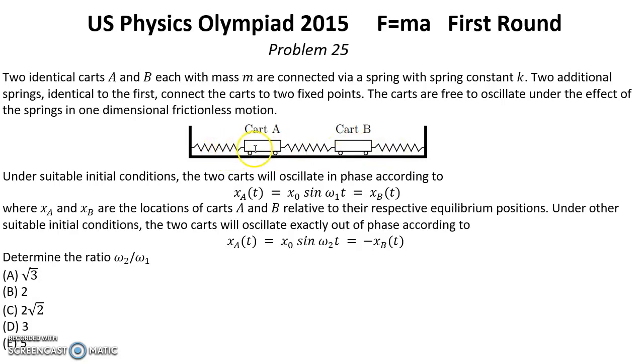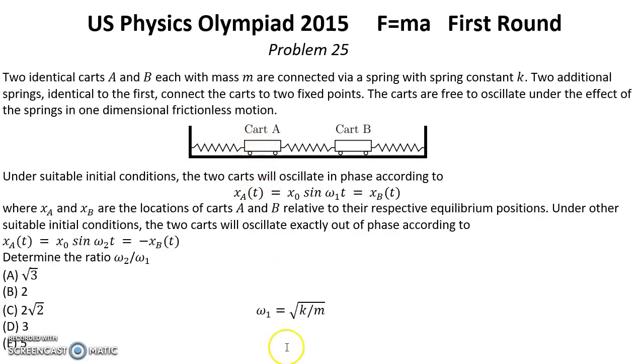It means that on card A we have only force from the spring with constant k, and omega-1 equals the square root of k over m, and the same omega-1 is for card B, so that will be the common omega for both cards.